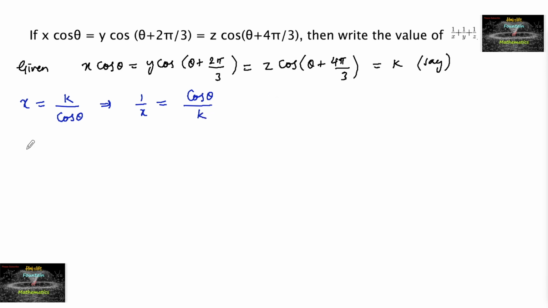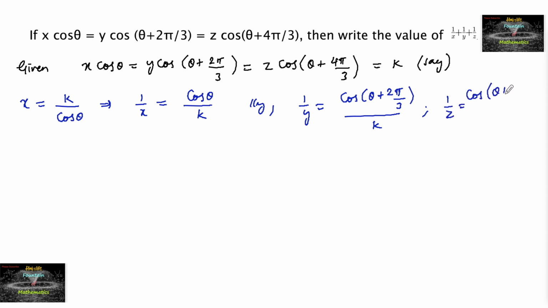Similarly 1 upon y is equal to cos of theta plus 2 pi by 3 upon k, and 1 upon z is equal to cos of theta plus 4 pi by 3 upon k.